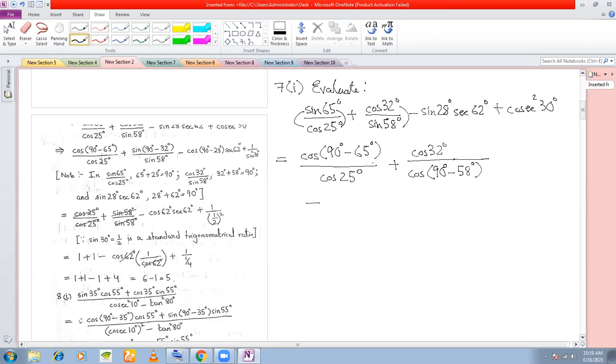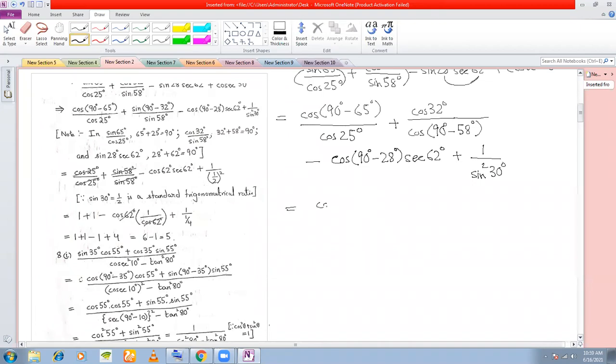Minus sine 28, these two angles are also complementary, and you know that sine will change to cos. So you change sine 28 to cos 90 degree minus 28 degree, and sec you keep as it is. Plus cosec square 30 you write as 1 by sine square 30, because sine 30 is a standard angle.